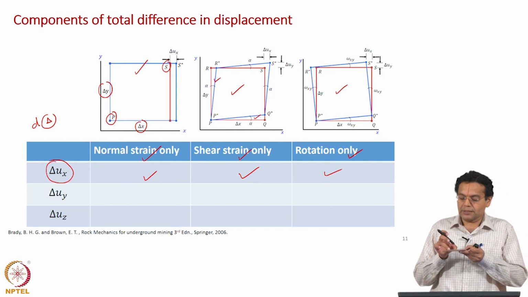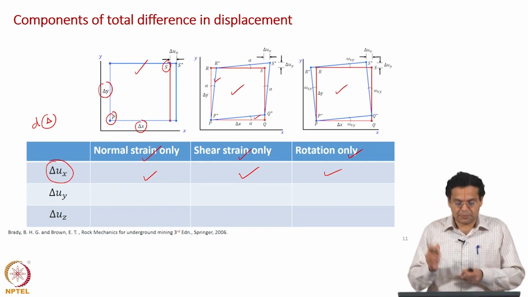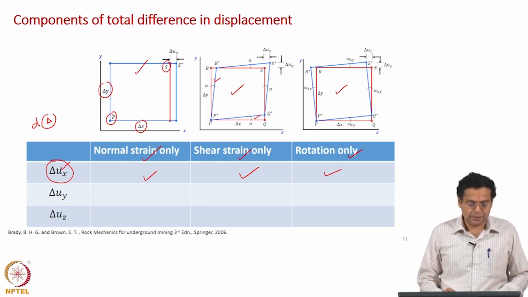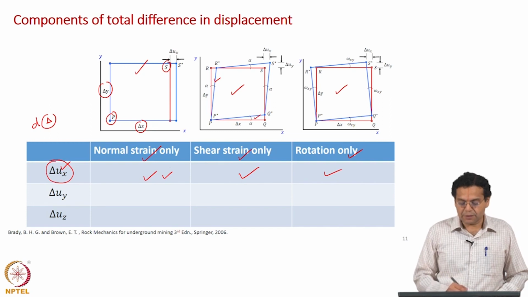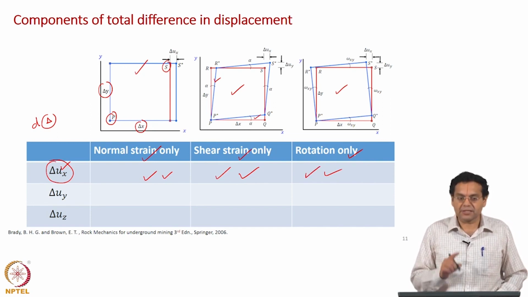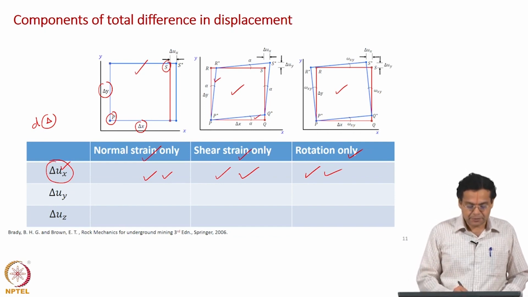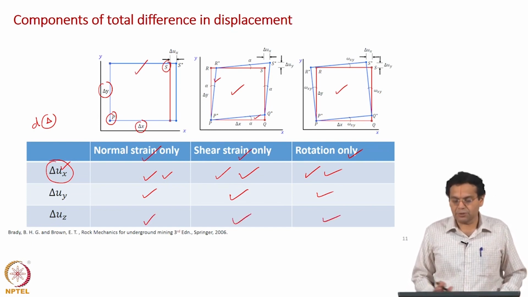You take 2 points, you observe a difference in their displacement, that is a total difference in displacement, that is the heading of this row, that we are going to split into the difference due to normal strain, difference due to shear strain, difference due to rotation, difference in x displacement due to all this, similarly difference in y displacement, similarly difference in z displacement. So this table is going to be filled up in a more geometrical way.